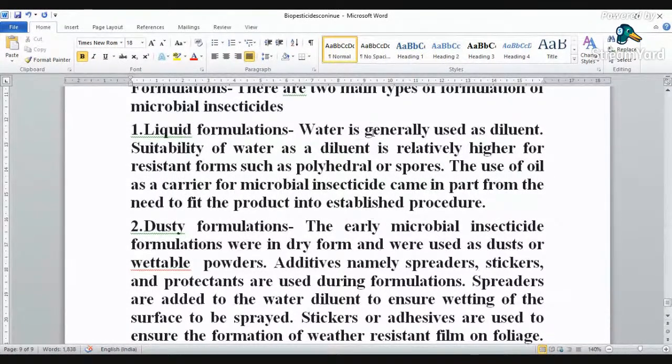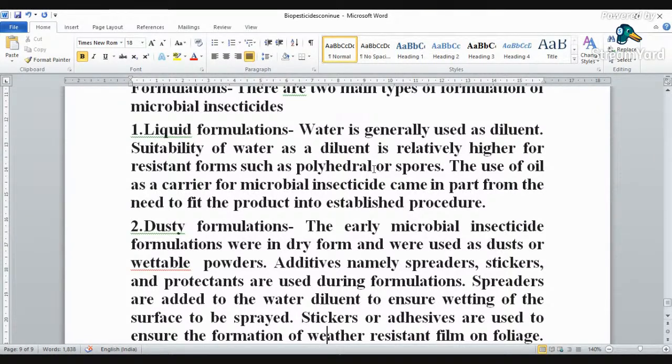Spores are mainly used in liquid formulation with the help of water as a diluent, meaning they are dissolved in water and then sprayed. So this liquid formulation using water can be suitable for the resistant form of the spores. Mainly spores, meaning it is used for Bacillus thuringiensis.